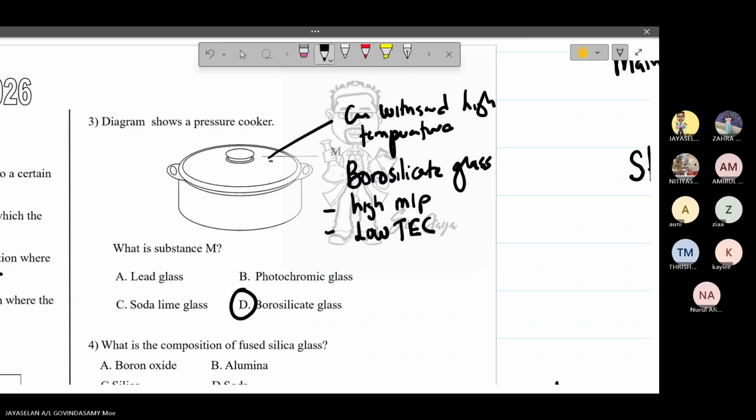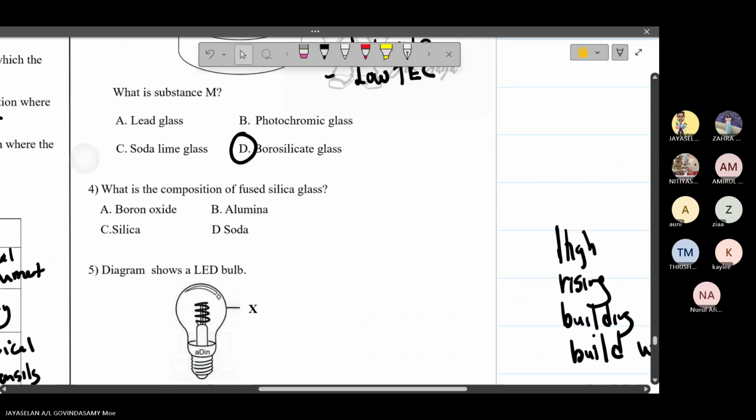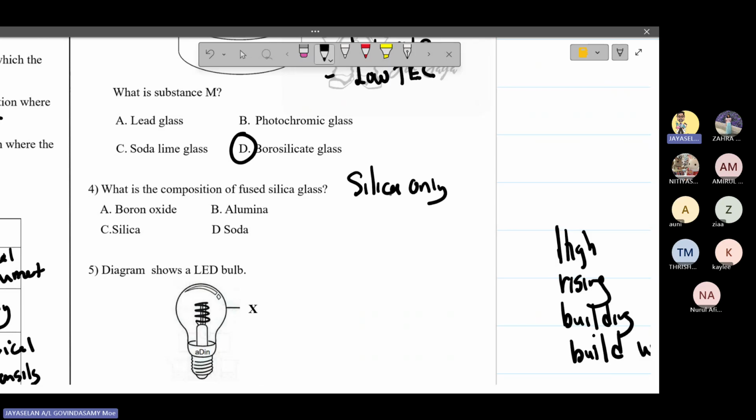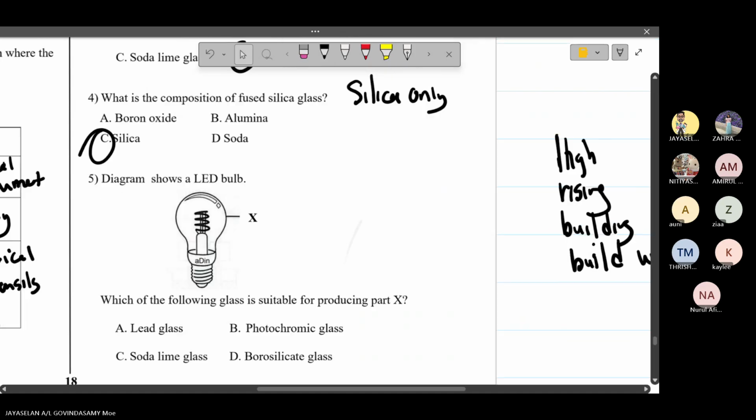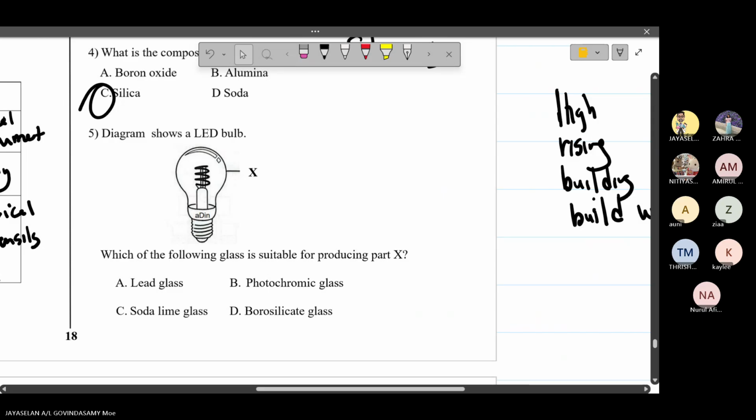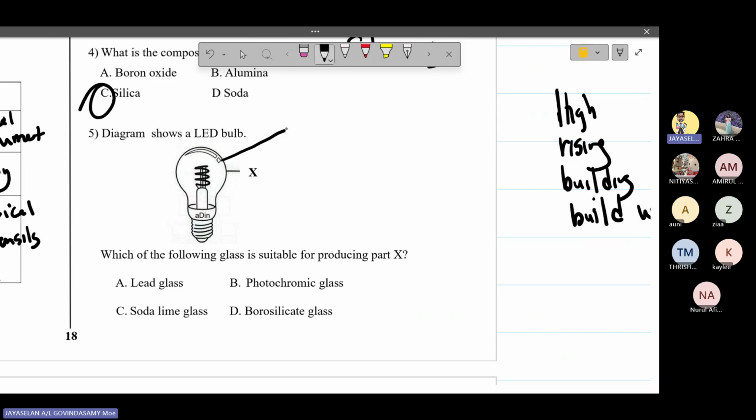Dapat? Okay, number 2. What is the main composition of fused glass? It contains silica only. Okay, this one is made up of what? Soda lime glass.